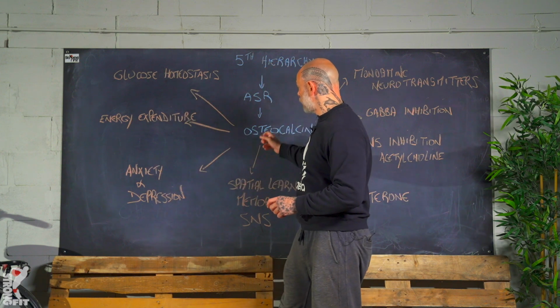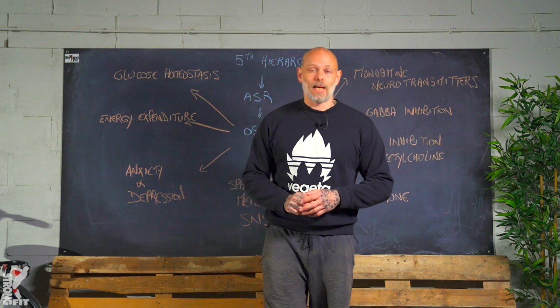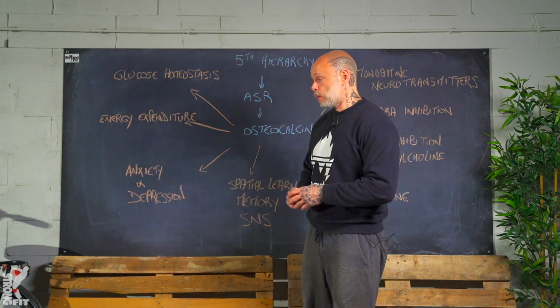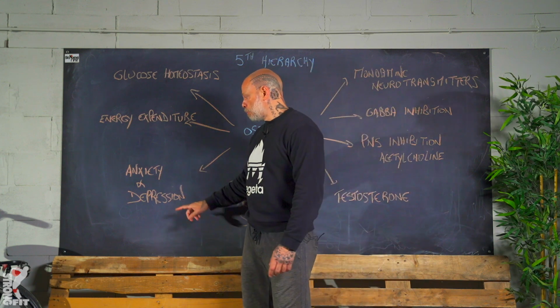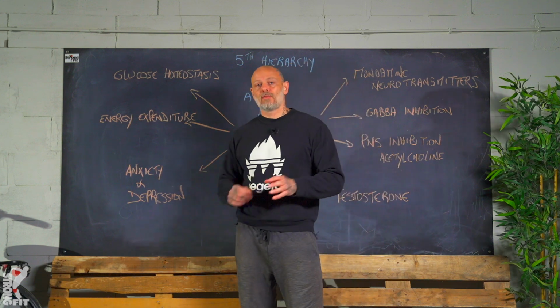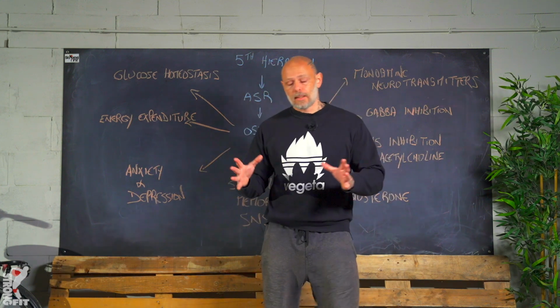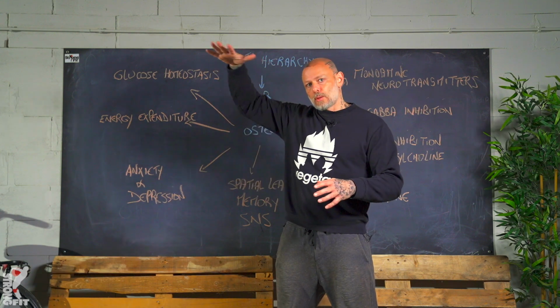We see that at a high level of osteocalcin, we see a lowering of the symptoms of anxiety and depression. Yep, that's right. Now, you have to understand what that means, anxiety and depression, because that was tested on mice. So what is anxiety for a mouse? That means they put it in a cage with a big light and usually shadows there.